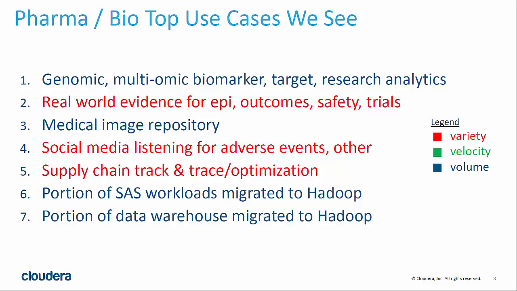The second, in green, is velocity. That would be a real-time streaming use case, if you will. And then the last one are use cases where the driver for using big data is the size of the environment. And I'll comment on each one of those as we go through.